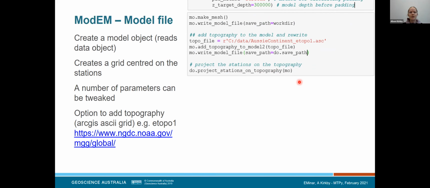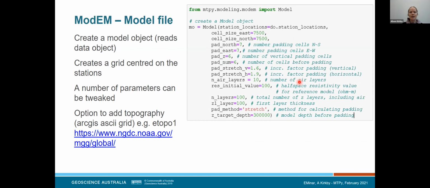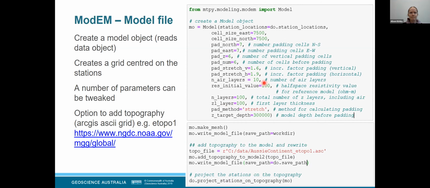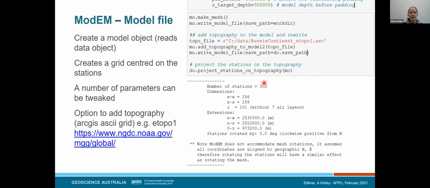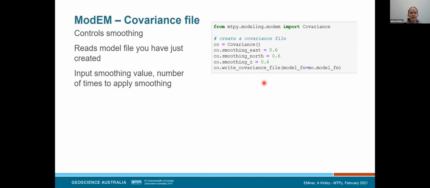If you just want to add bathymetry, you just give it no air layers. I'll just go back. You've got this number of air layers. You can just set that to 0, and then it will just put bathymetry in the model grid. Okay, so it'll give you a confirmation that that's been written.